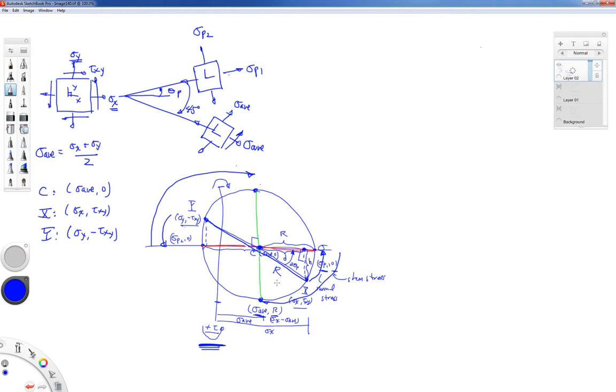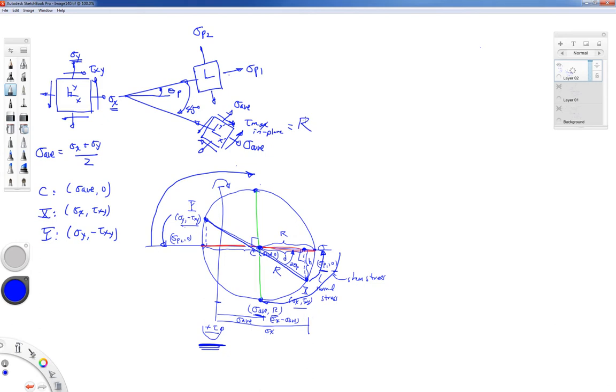That means I still have a positive shearing stress. Positive shearing stress points on the positive x face, and it points in the positive y direction. So this is the correct direction for that shearing stress. Once I have one of those figured out, the rest of these get penciled in for equilibrium. So the value of the maximum in-plane shearing stress is equal to r.